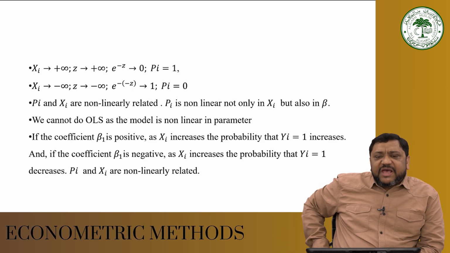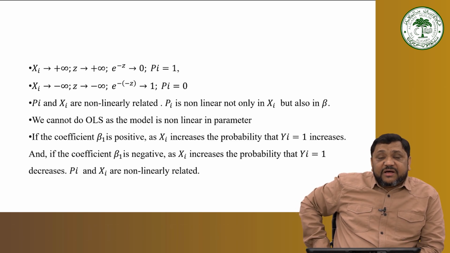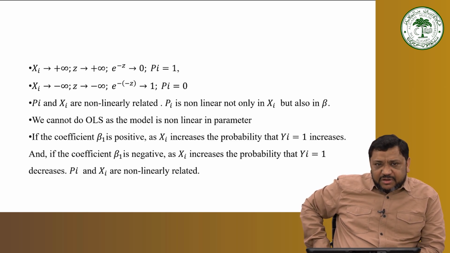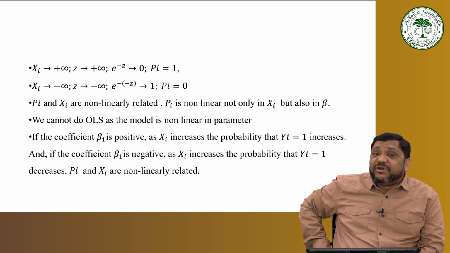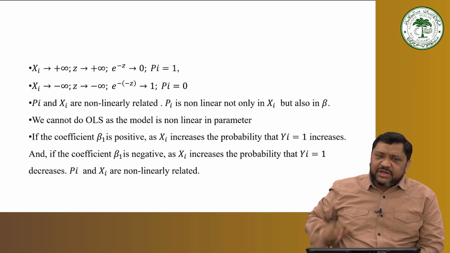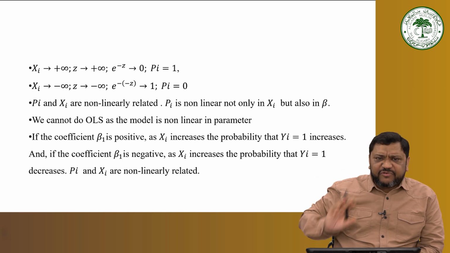So as Pi is non-linear not only in xi but also in beta, hence we cannot do OLS as the model is non-linear in parameter. In OLS, we consider only the case where either the relationship is linear or the variable is non-linear but can be converted into linear.